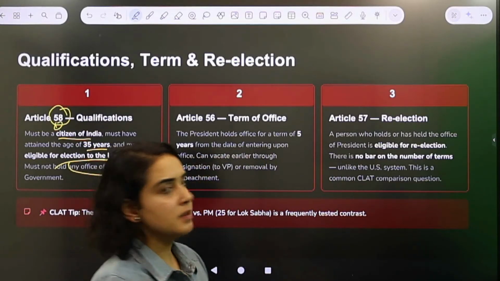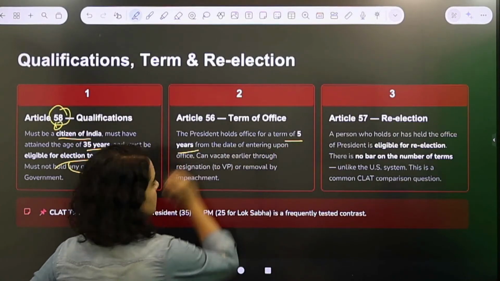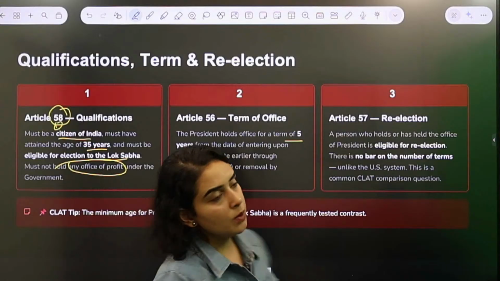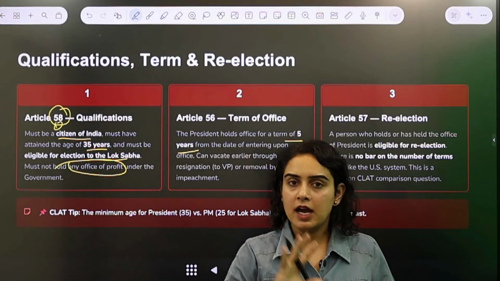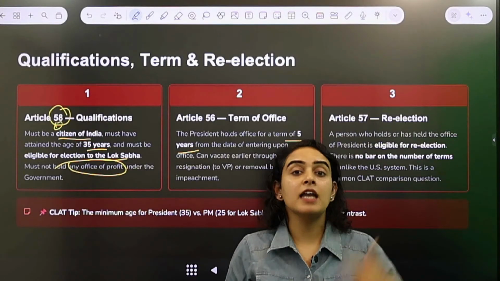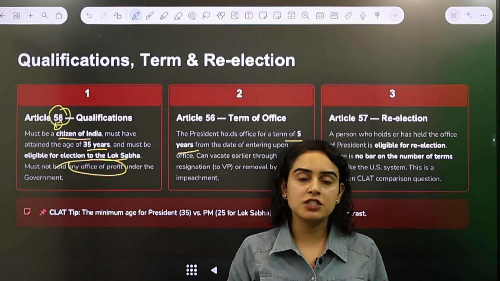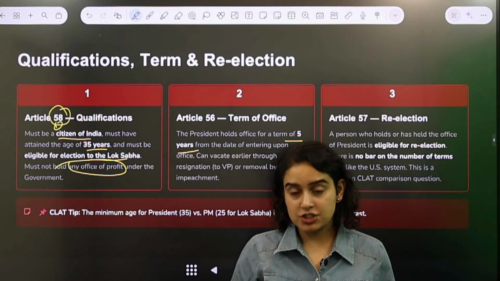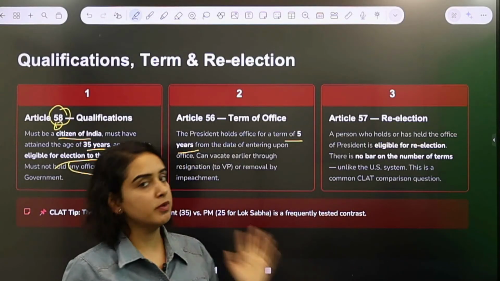Once the president is appointed, he is appointed for 5 years, right? So the tenure of the president is going to be 5 years, and after 5 years, the tenure is completed. He can again participate in the election, again can contest elections, but otherwise the tenure for once is going to be 5 years only.